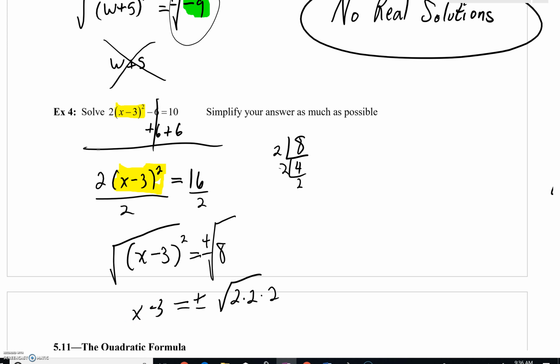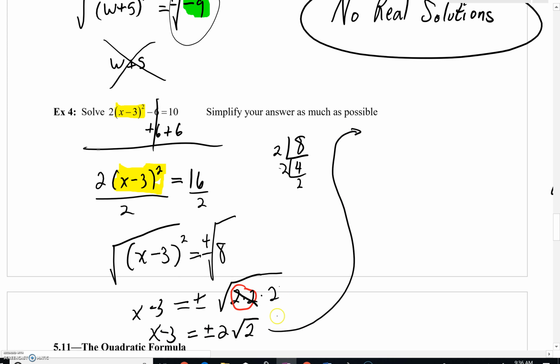And remember how we break down radicals? We look for 2 of the same thing. And whenever we can circle 2 of the same thing, we'll take one of those items out, and then we kill the circle. We ignore the circle from that point on. There's a third 2 that we didn't circle. That's still inside of your radical. So we're not quite done.